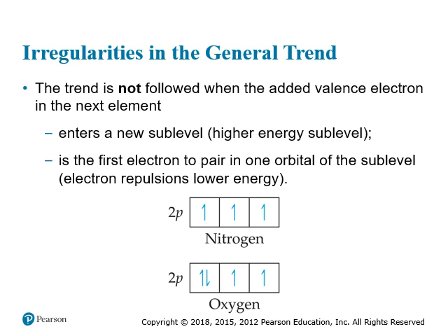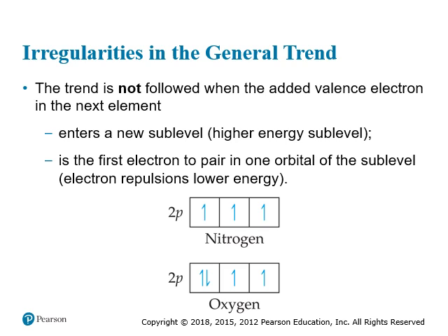Now, this particular trend in ionization energy does not hold true when the valence electron in question is entering into a new sublevel, or when it's the first electron to pair up in a series of degenerate orbitals.